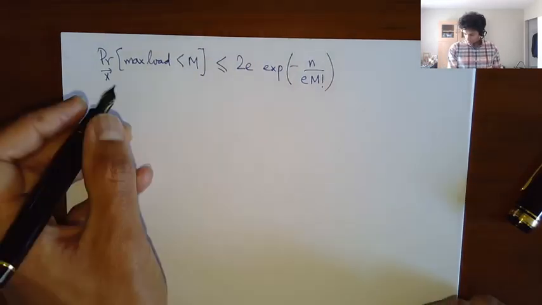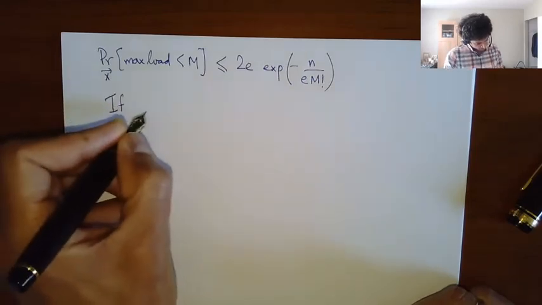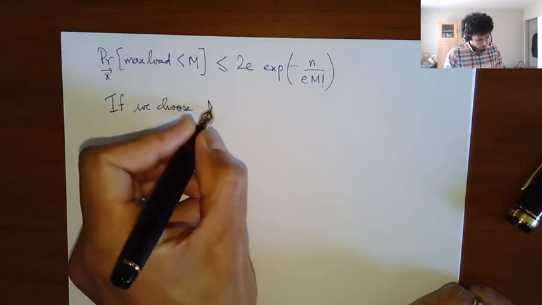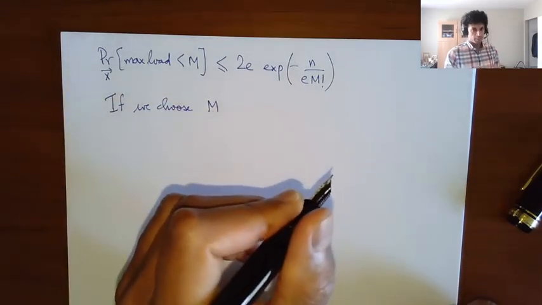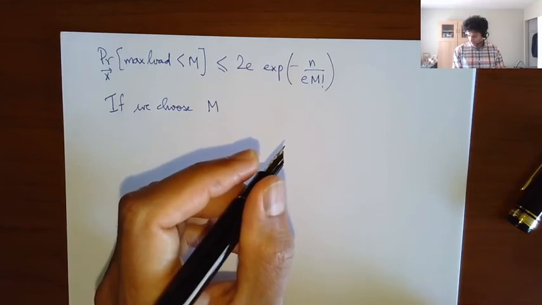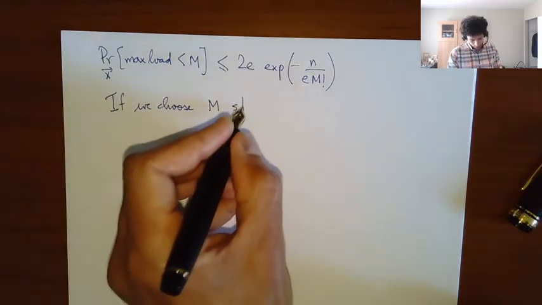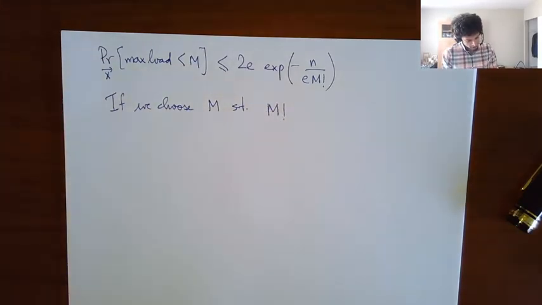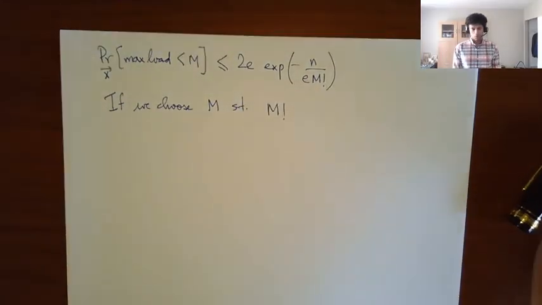So if we choose m such that m factorial... Okay, so let's go back to what we want to show.